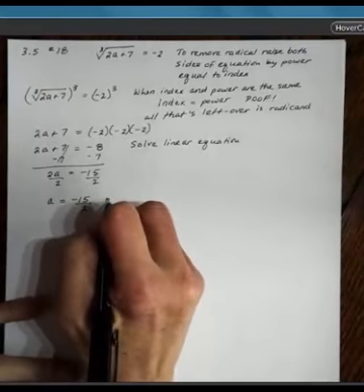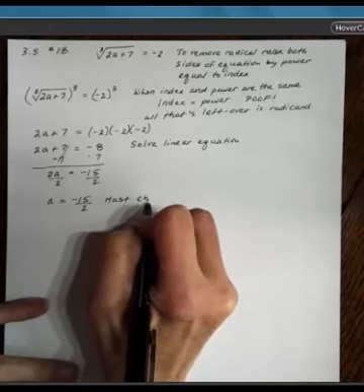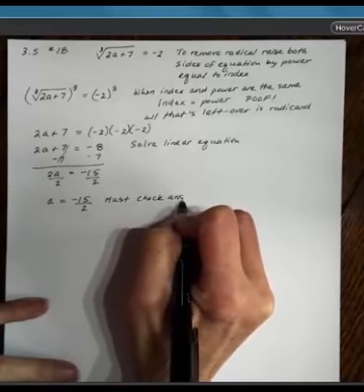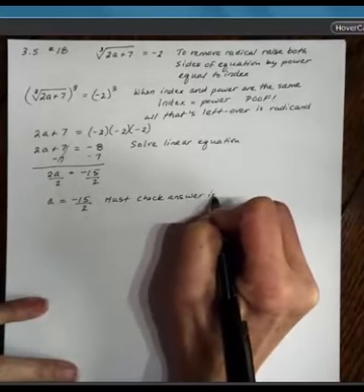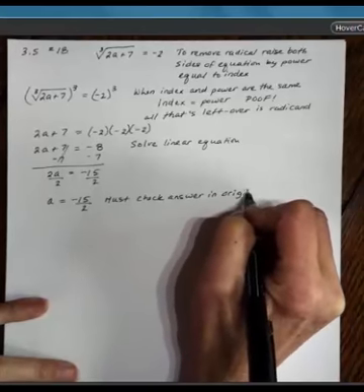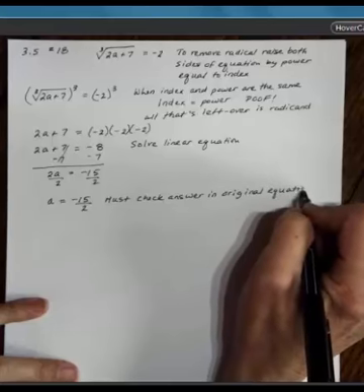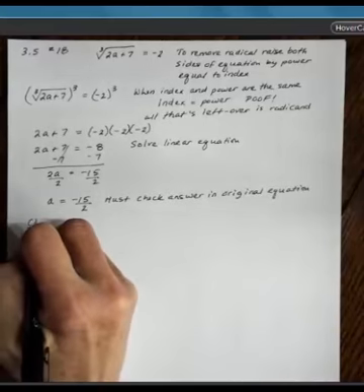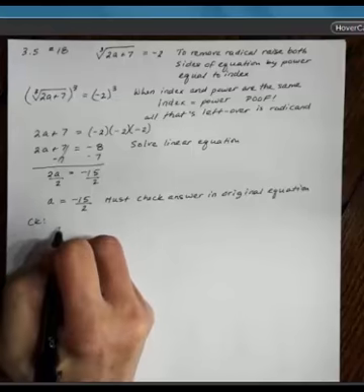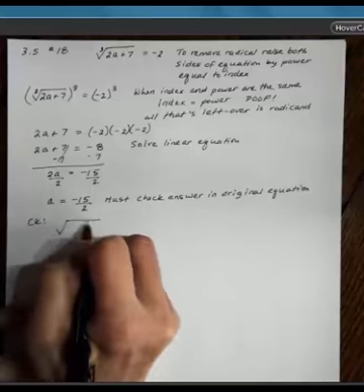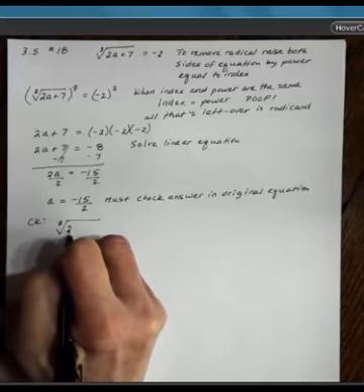So you must check your answer in the original problem, the original equation. So now we're going to go through the check, and I'm going to take the cube root of 2 times a.